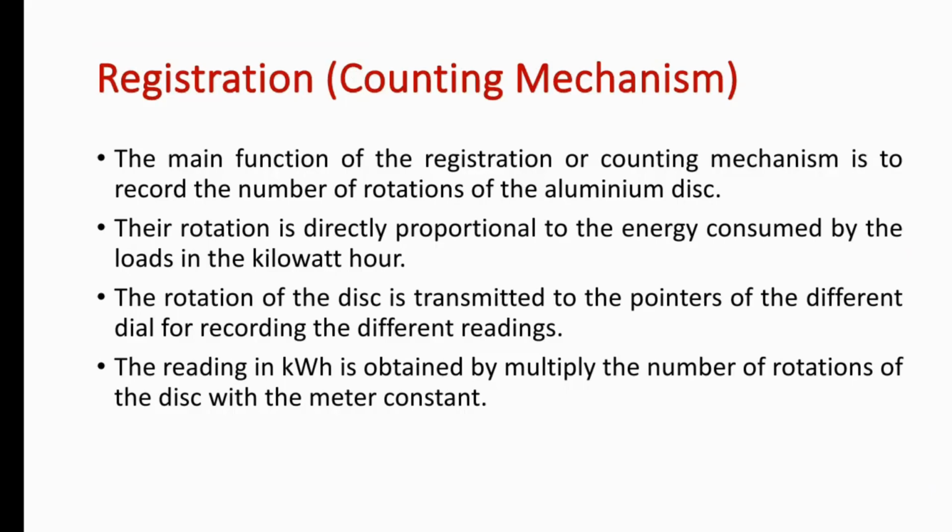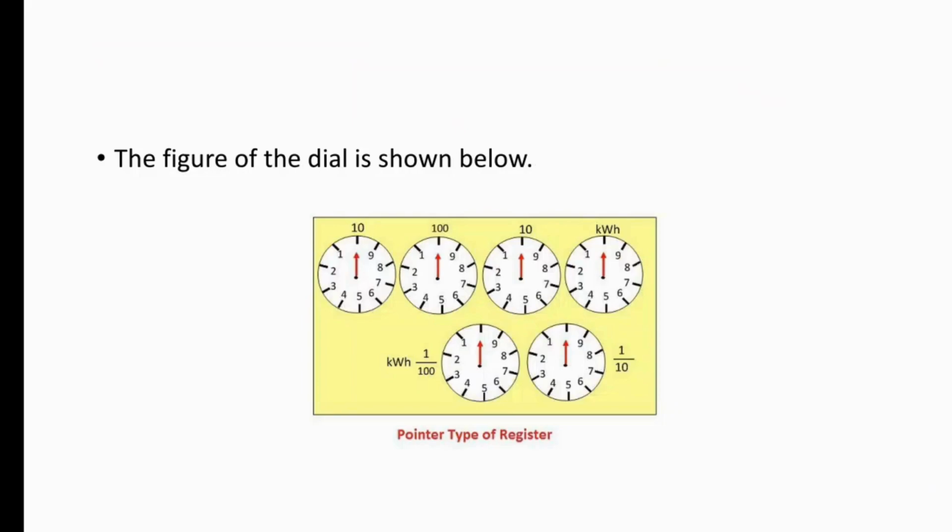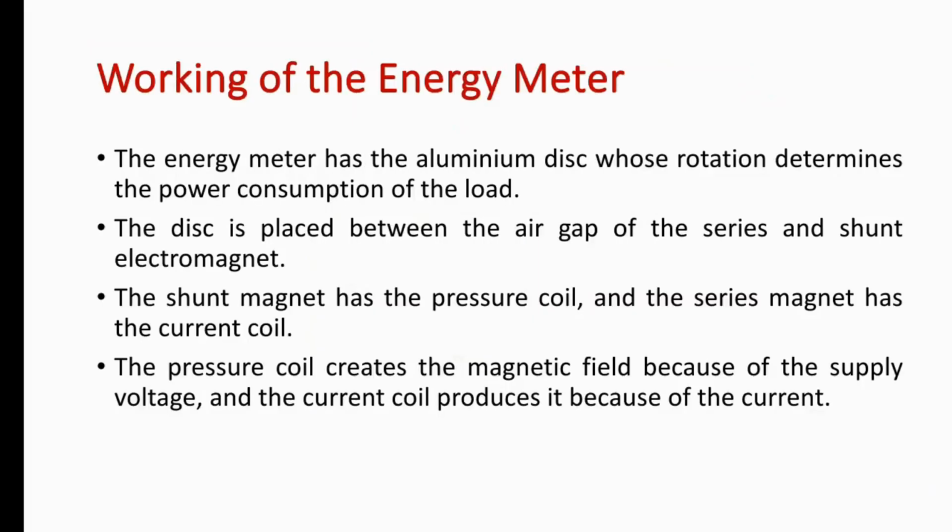The reading in kilowatt hour is obtained by multiplying the number of rotations of the disc by the meter constant. This is the figure for the dial options: 0 to 10, then 100, 10, then kilowatt hour, then 1 by 100, then 1 by 10. This is the pointer location for each dial.